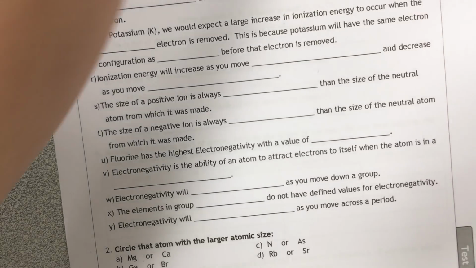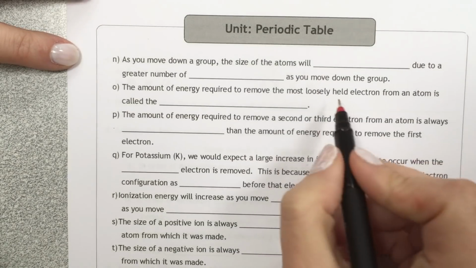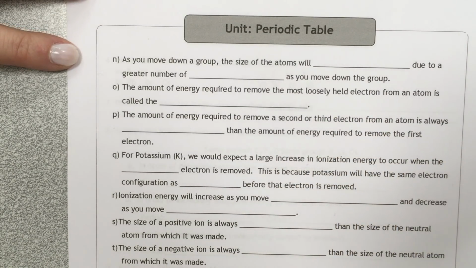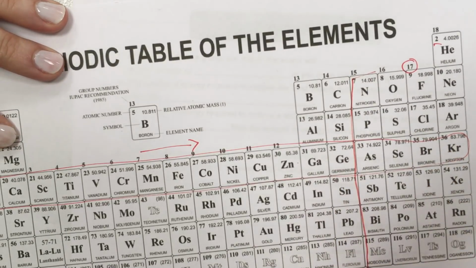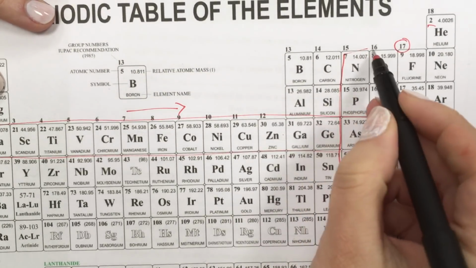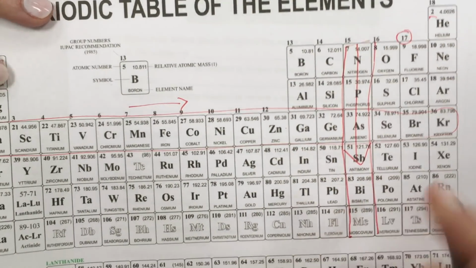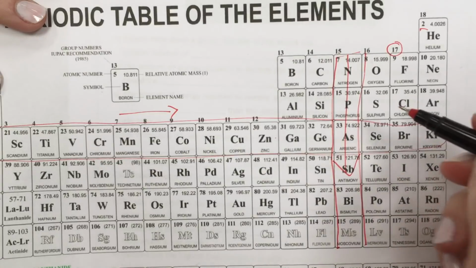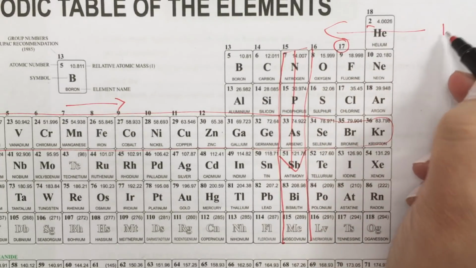Okay, moving on. As you move down a group, the size of the atoms will blank due to the greater number of blank as you move down the group. Remember, this right here is a group. As you move down the group, the atoms increase, and that's due to increased energy levels. This whole period has 1 energy level.